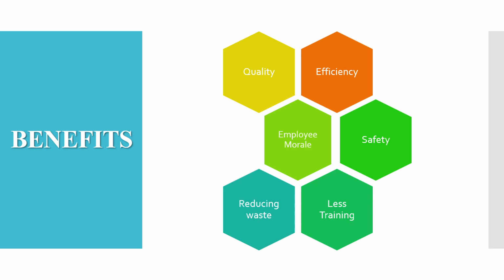Next is safety. As the factory puts many Poka Yokes in the workplace, it will prevent the workers from entering unsafe situations. Next is reducing waste. As we know, many times waste is generated because of all these mistakes and errors. So if we eliminate the errors and mistakes in the process, ultimately it will reduce the waste also.